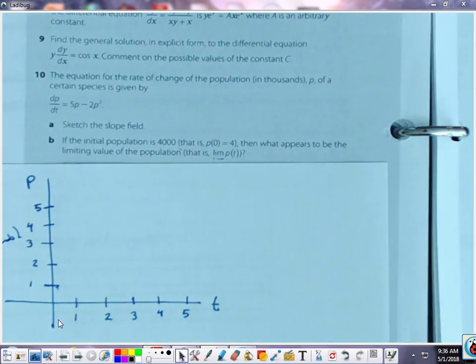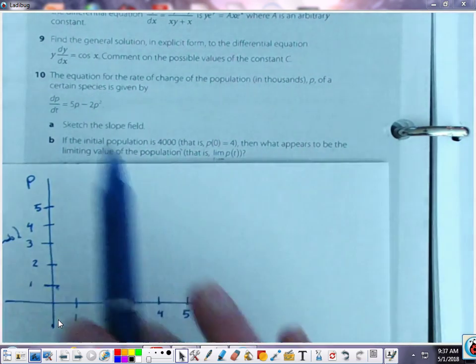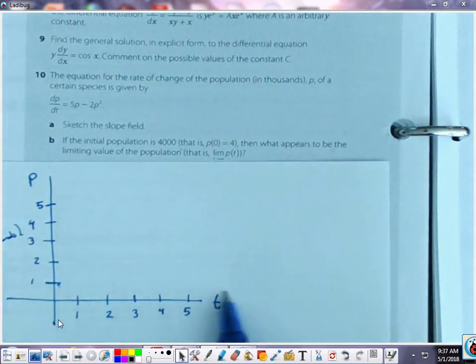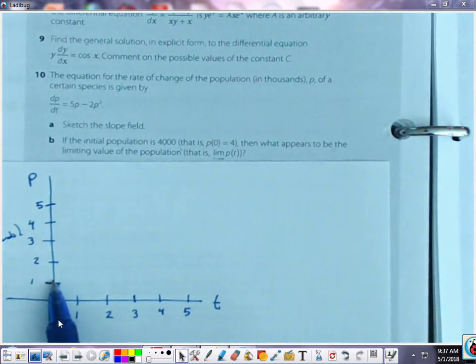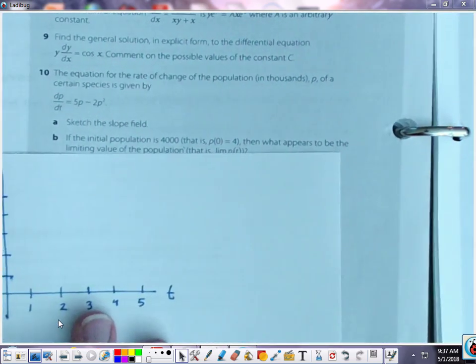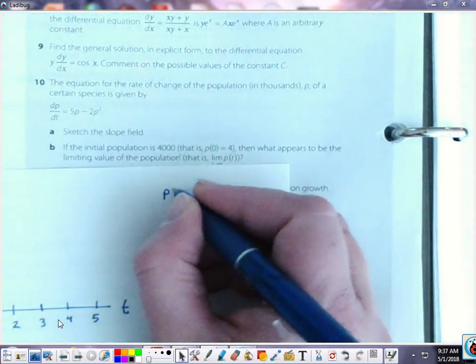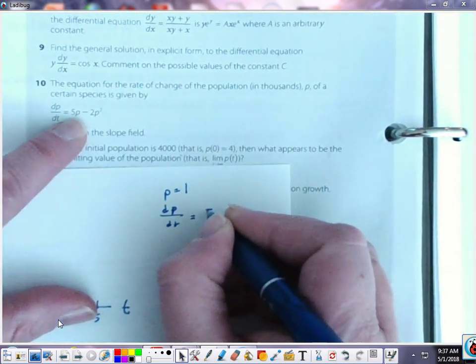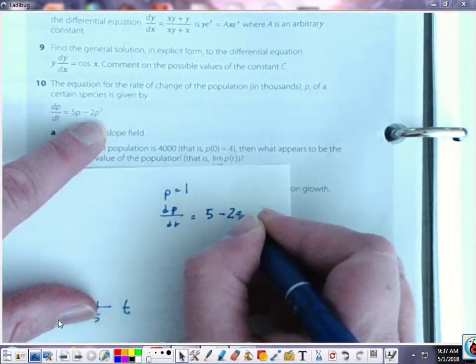If I wanted to pick what the slope is going to be, notice this is only dependent on P. So all I have to do is put in a P value, and then I can go all the way along that P value and it's going to be the same thing. Let's say P is 1. If P is 1, then dP/dt would be 5 minus 2, right?